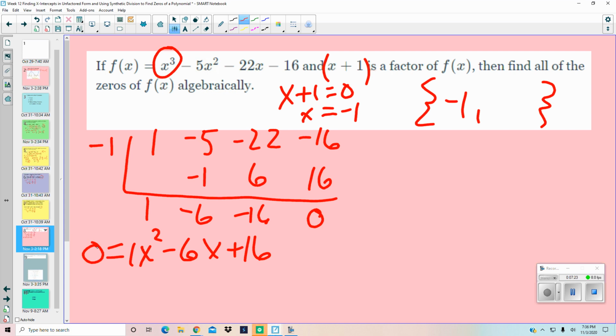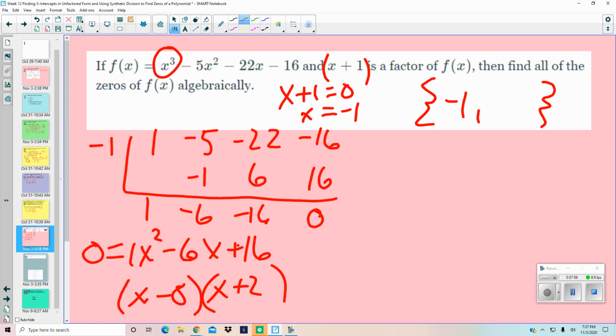You can do the quadratic formula or factor if it's factorable. So, oh, here we go. x times x gives me x squared, and -8 and +2 gives me not the correct answer because it's -16.